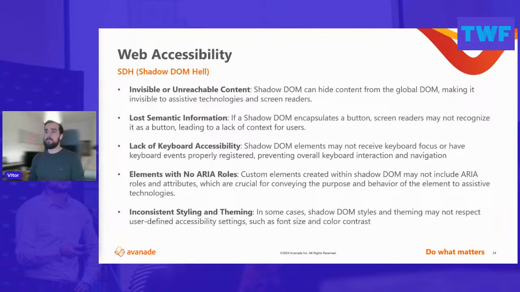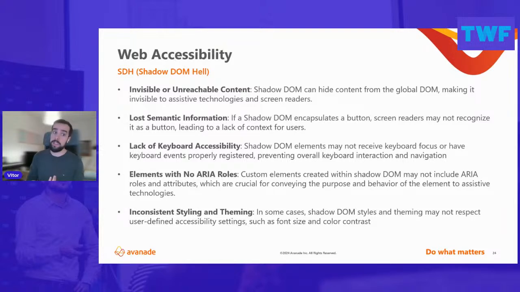One very quick thing I would like to talk about is Shadow DOM hell, or using Shadow DOM, because when we are using UI libraries and things like that, there might be problems. We might have big problems when using those, because essentially we don't have much control over those UI elements.